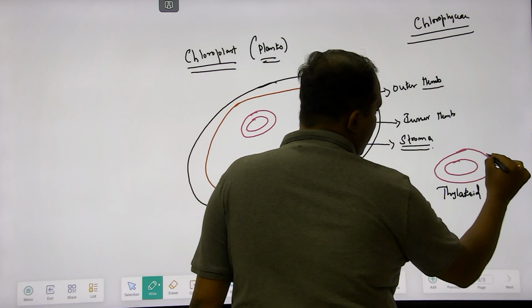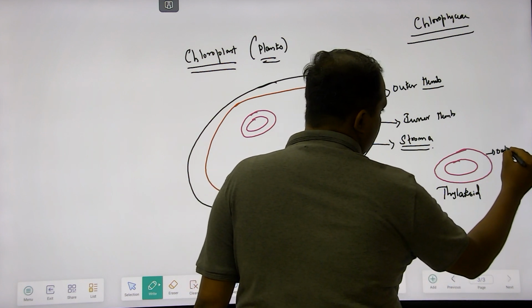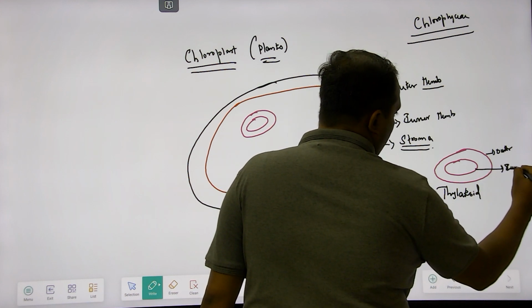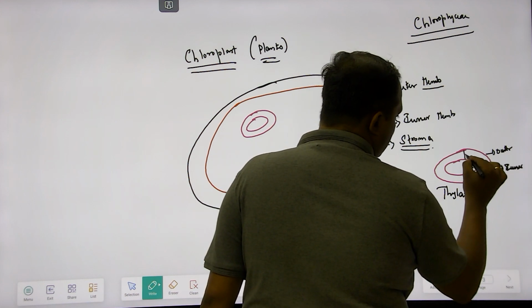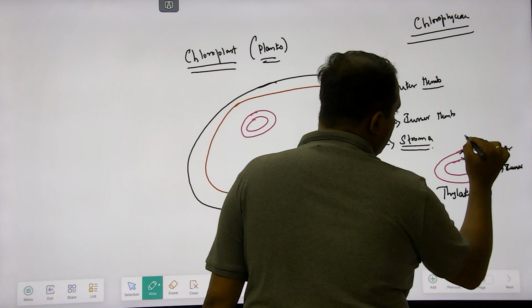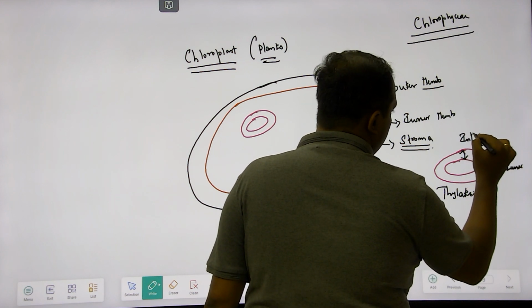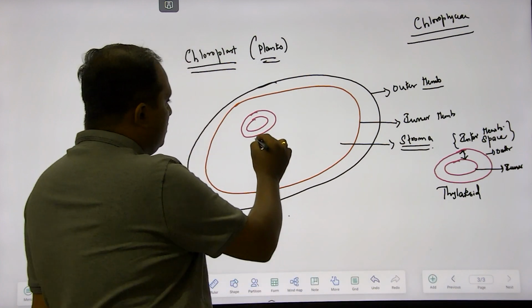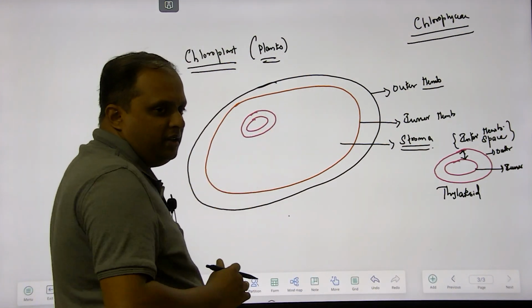This thylakoid has an outer membrane and an inner membrane, and you call this space the intermembrane space. This is with respect to the thylakoid. So this is a thylakoid which I have drawn separately there.